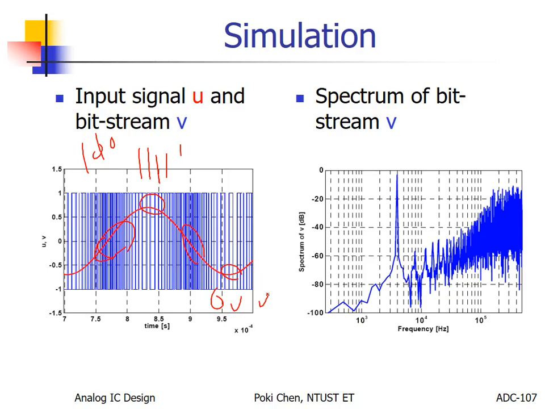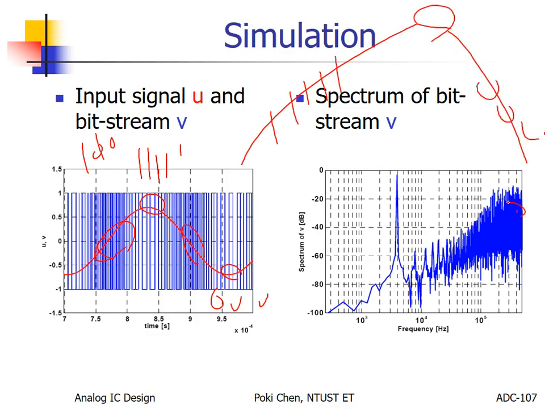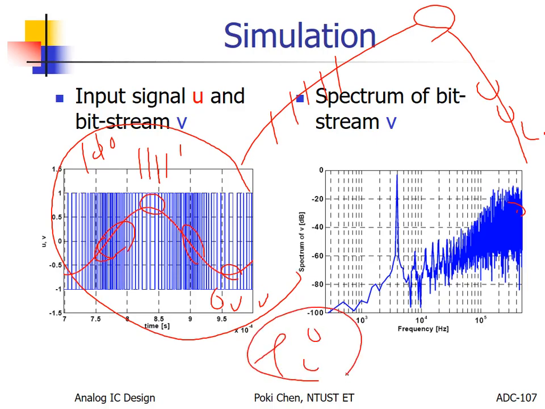Why? I told you already. Here, you will get a lot of ones. There, a lot of zeros. At the top and the bottom, the slope is around 0, right? So you will get a lot of 1, 0, 1, 0, 1, 0, or 0, 1, 0, 1, 0, 1. Okay? So you see the simulation result is 90 degrees shifted.